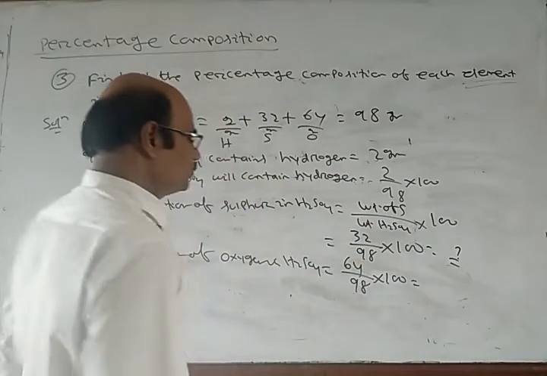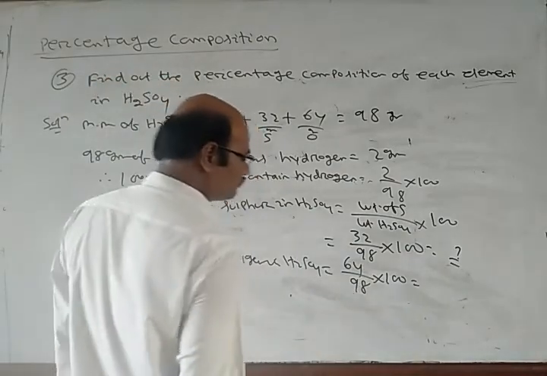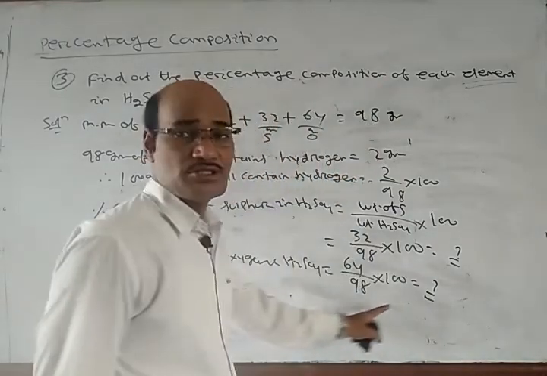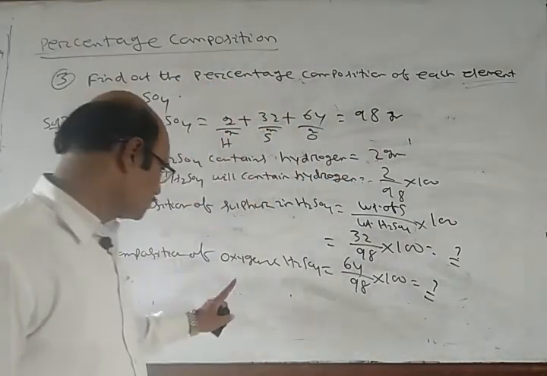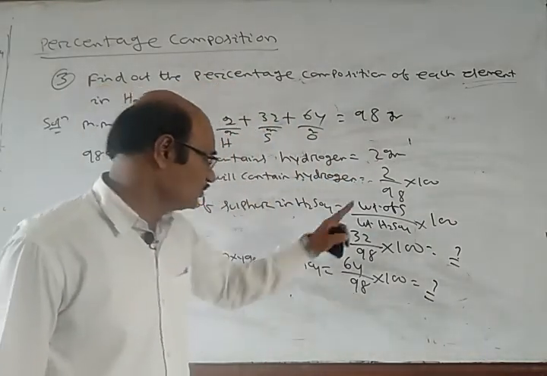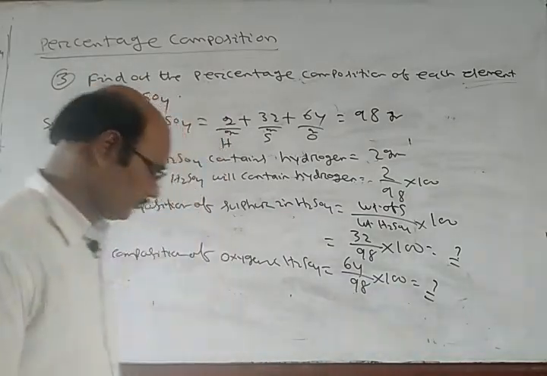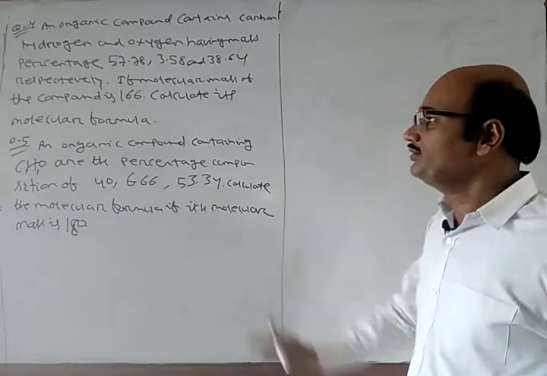Okay. So if you calculate here, you will get the answer: how much percent is sulfur in H2SO4, and how much percent is oxygen in H2SO4. Okay. Now see, this is the problem.